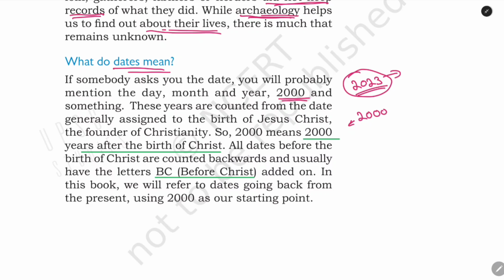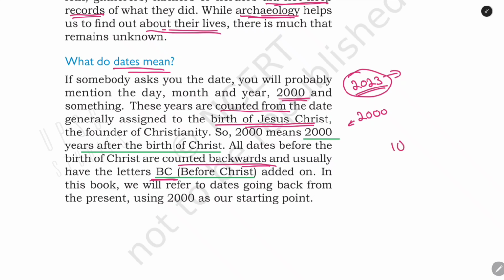These years are counted from the date generally assigned to the birth of Jesus Christ, the founder of Christianity. All the dates before the birth of Jesus Christ are counted backwards and usually have the letters BC, before Christ.